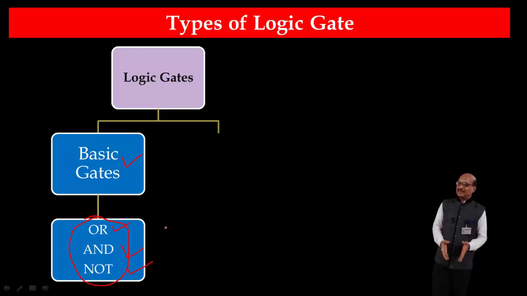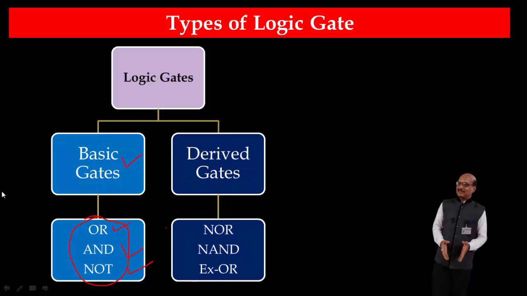Another category of gates is derived gates. So derived gates are nothing but the gates which are derived from the fundamental gates or basic gates. So examples of these gates are NOR, NAND and XOR gate. So NOR, NAND and XOR gate can be constructed by using the OR and NOT gates.